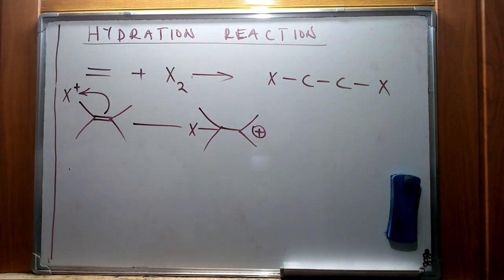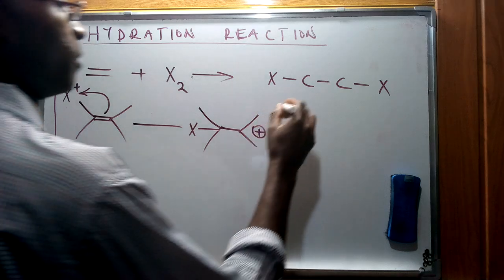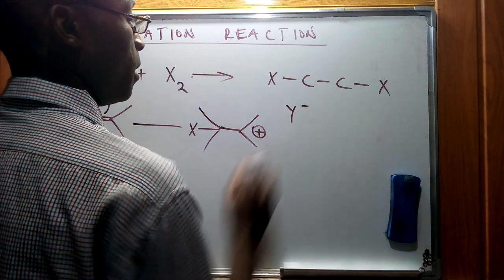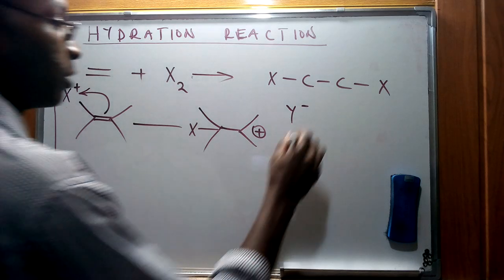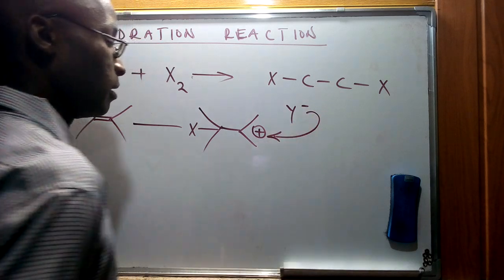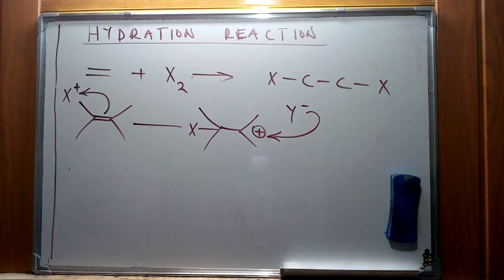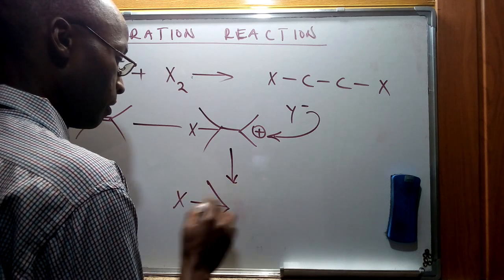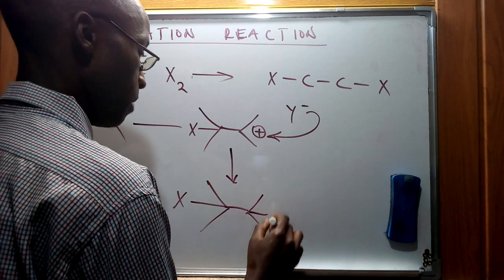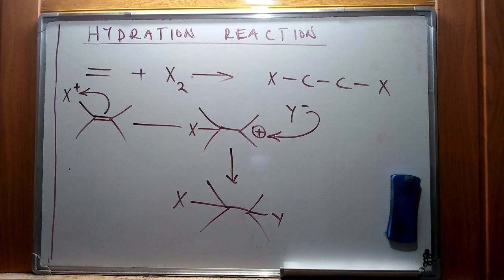So from this particular case, we're going to have the electronegative part of that specific compound attack that carbocation, and lead to the formation of what we are going to refer to as the final product. So we shall have this compound illustrated as this, whereby we have this one as the final product.